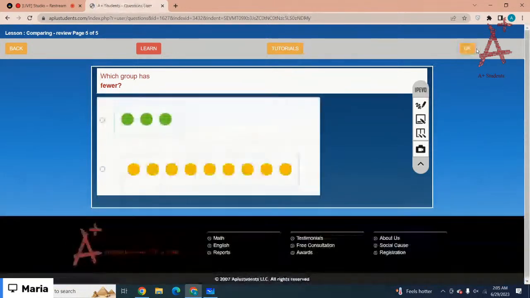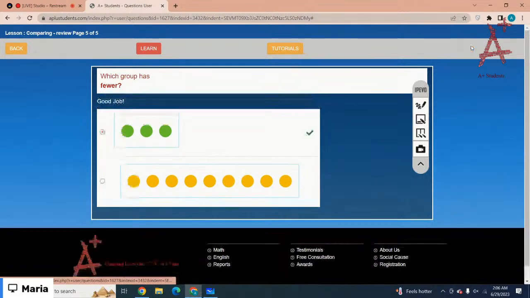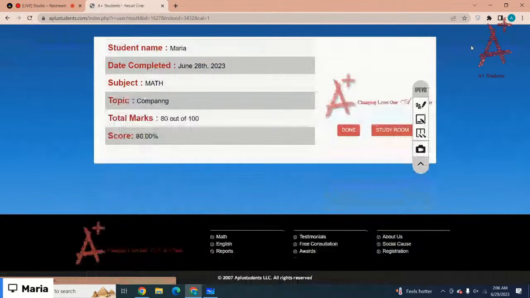Okay, which group has fewer, the green or the yellow? Yes, the green one has fewer dots. Okay, let's start with the next one.